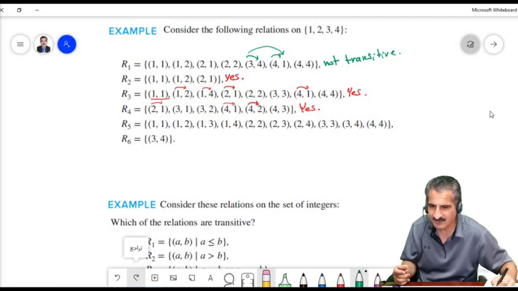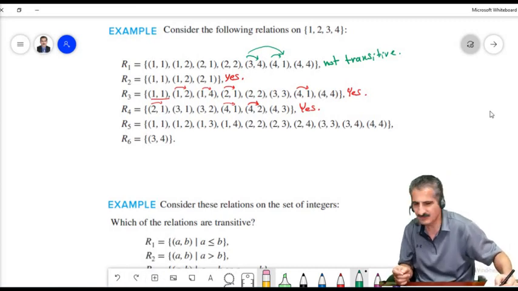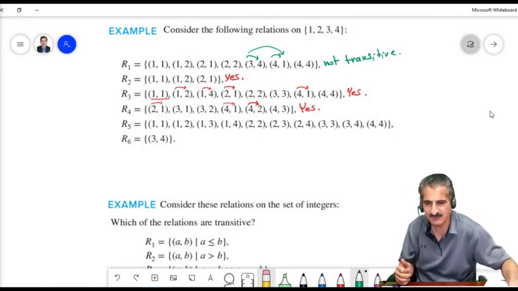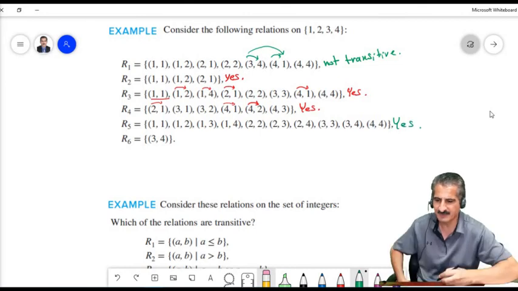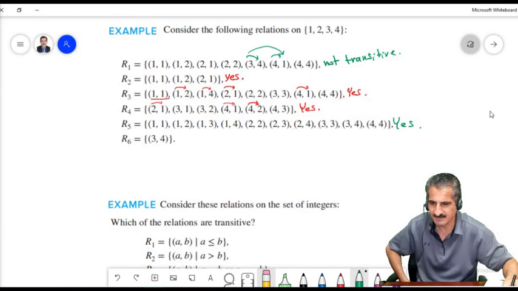3, 4, and then 4 goes to 4. Okay. So it looks to me 2, 3, 3, 4, and then goes to 4. We have 2 goes to 4. So it looks to me, yes. It looks to me it is transitive. Are we missing something? 2, 4 is there. Here it is.